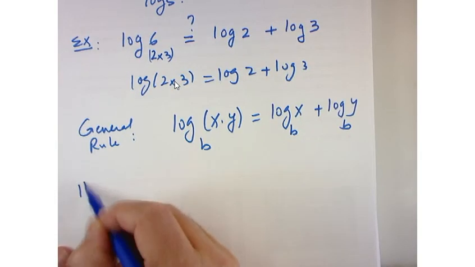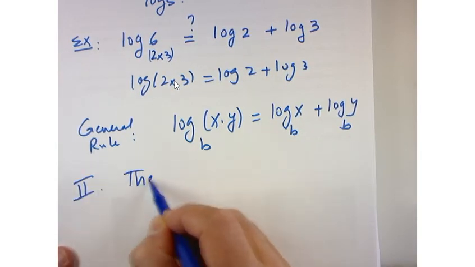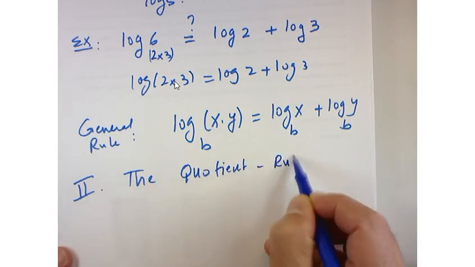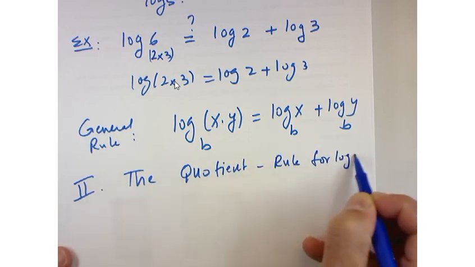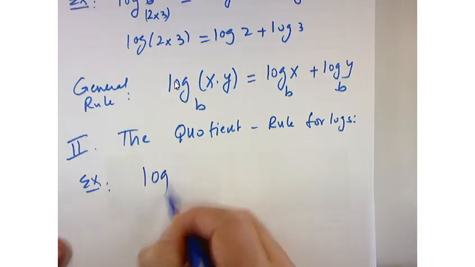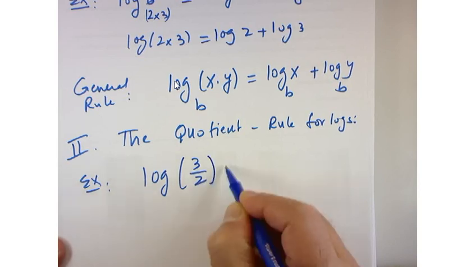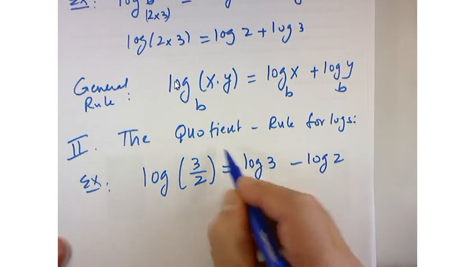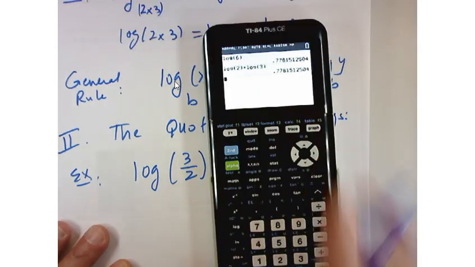We also have the same thing for quotient, the quotient rule for logs. So for example, is it true that log of 3 halves equals log of 3 minus log of 2? Let's check that out.